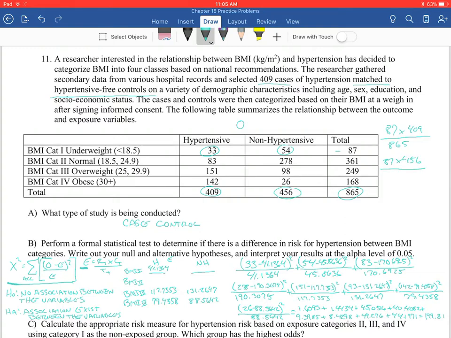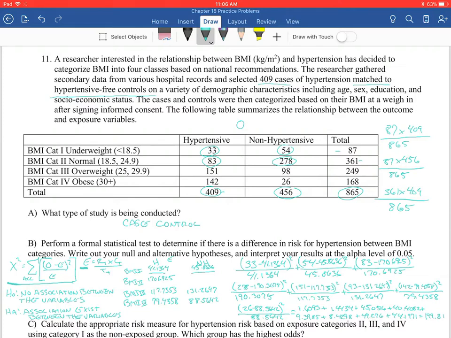The next one is the expected value for BMI 1, non-hypertension. Take your row total, 87, times your column total, 456, divided by the table total of 865, and you get 45.8636. For the expected value of hypertension in the category 2 row, take your row total of 361 times your column total of 409, divided by the table total of 865, and you get 170.6925.